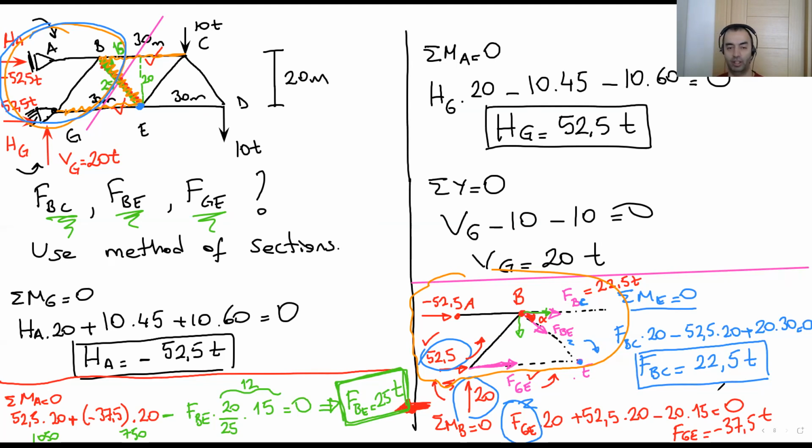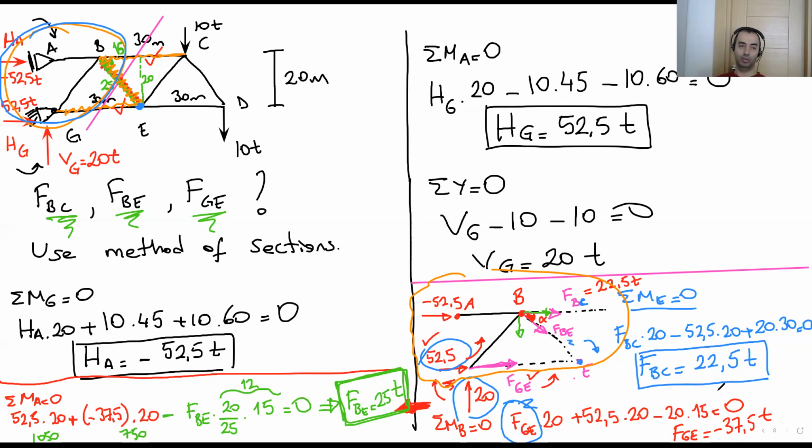We use method of sections if we are looking for one, two, or three internal forces on the members; we don't have to calculate each member. We can use method of sections. We cut the system at the forces we are looking for into two pieces, and we consider one of these pieces, and we write the equilibrium equations on this piece, as you can see in this example.